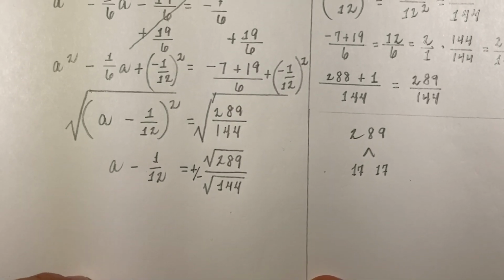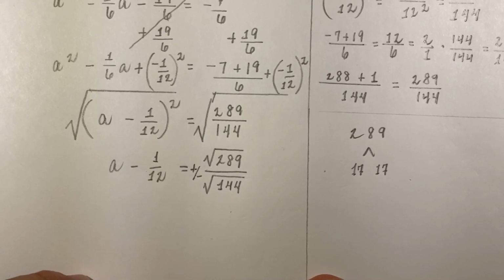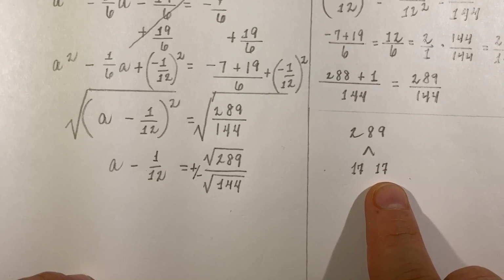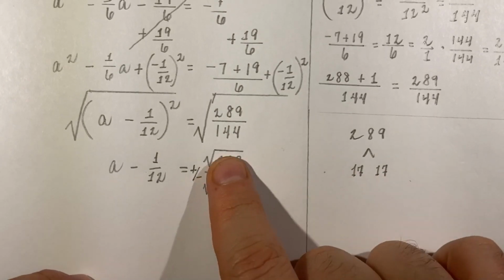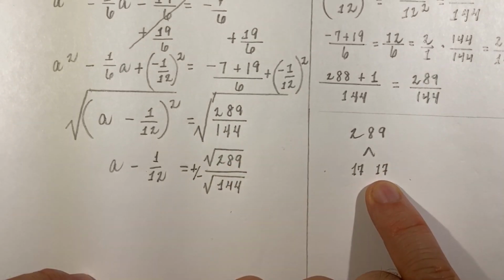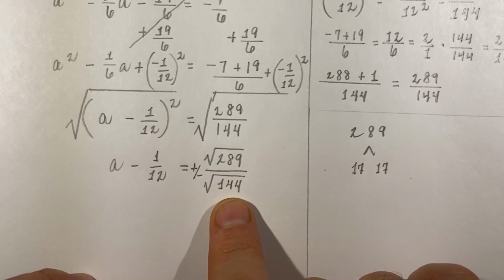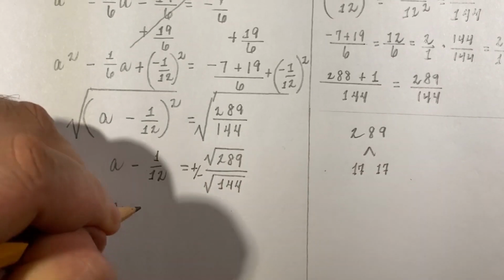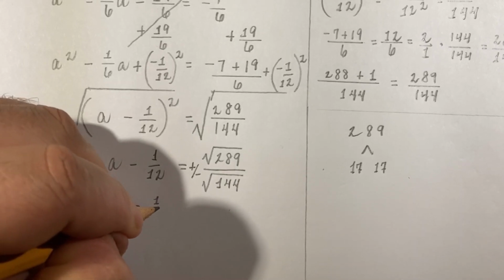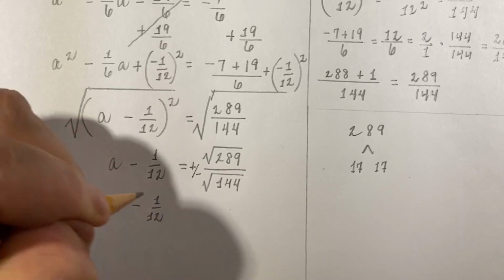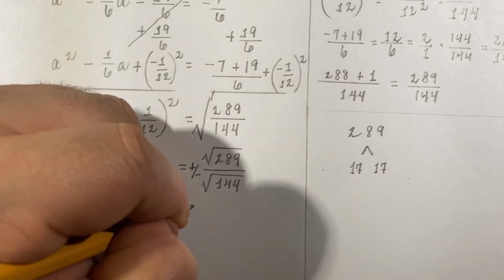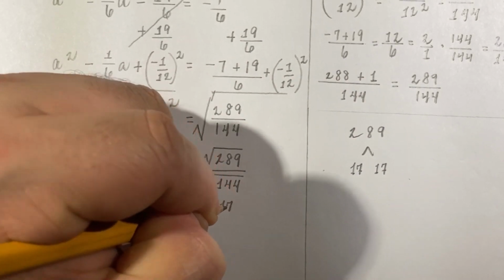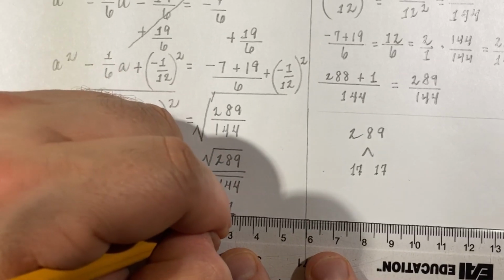Okay. So breaking that down, we see that we get a perfect root. All right, so the square root of 289 is 17. The square root of 144 is 12. And so we say a minus 1 over 12 equals plus or minus 17 over 12.